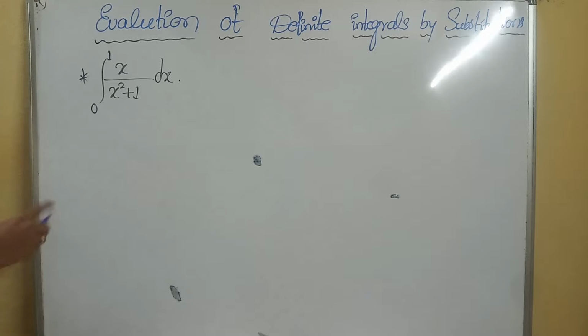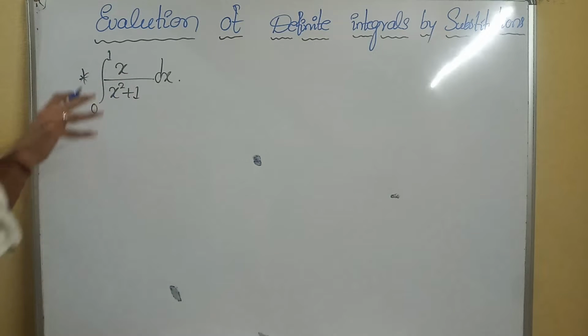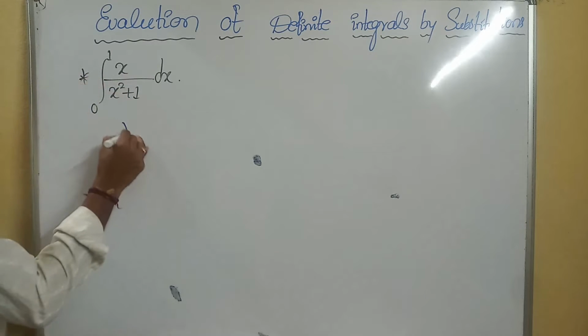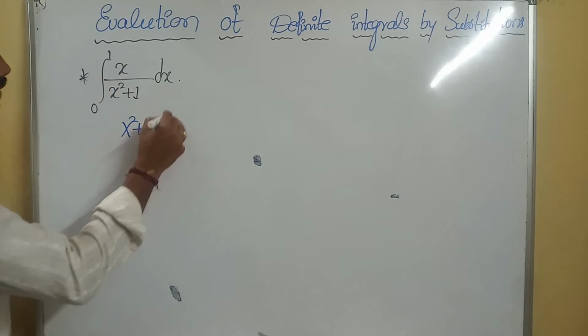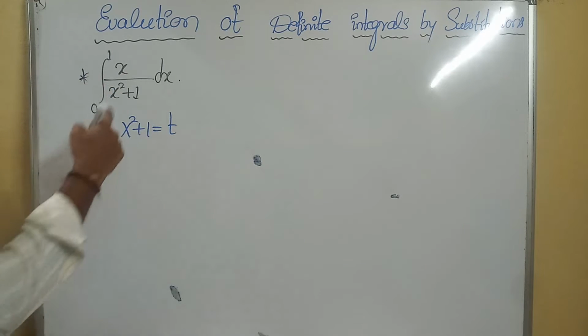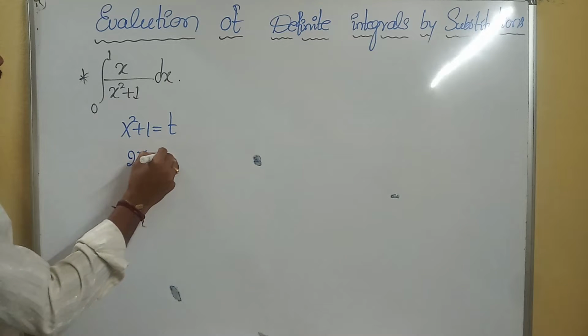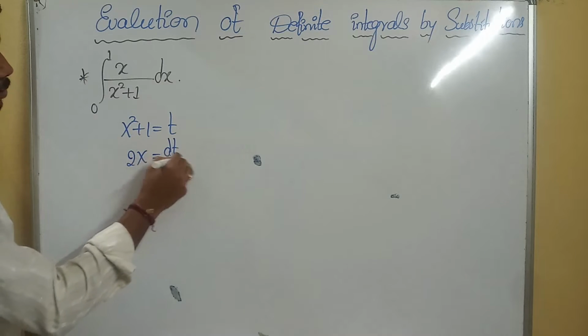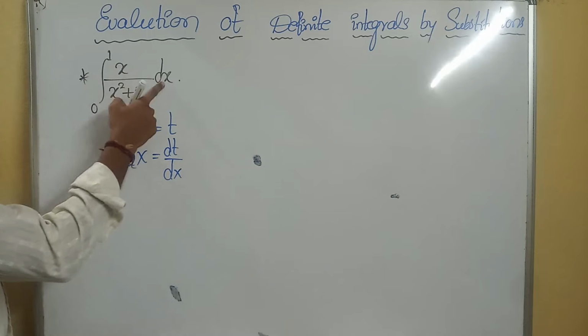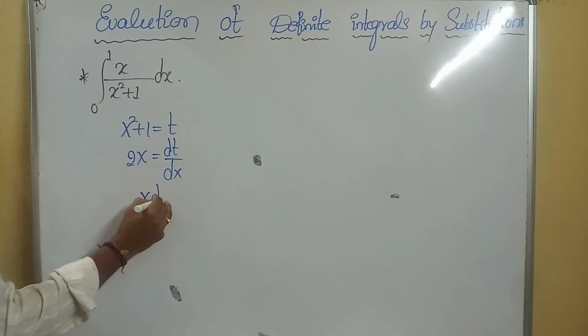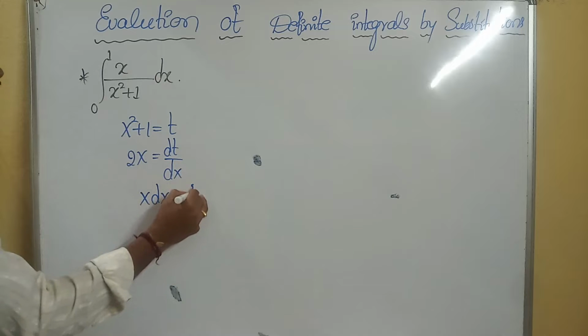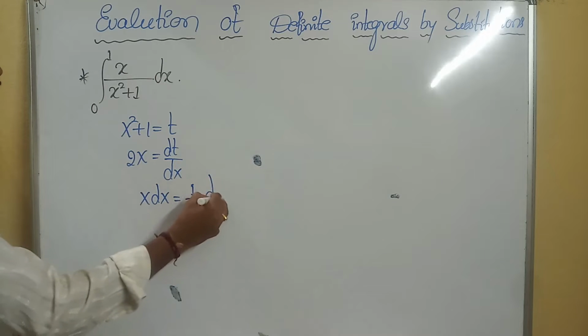Here, the derivative of x square is 2x and the derivative of 1 is 0, so I need to take the substitution x square plus 1 as t. Then the derivative of t is dt by dx. Since x dx is there, x dx is equal to 1 by 2 dt.